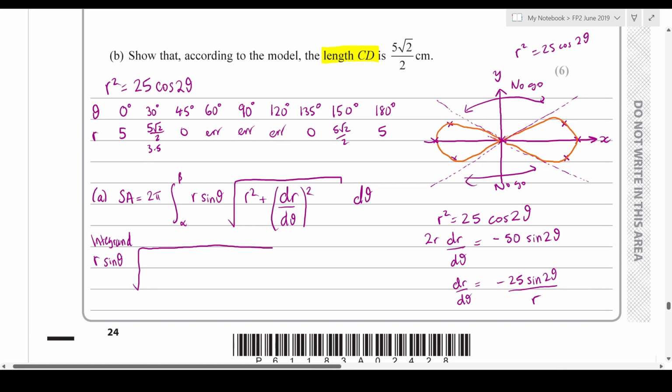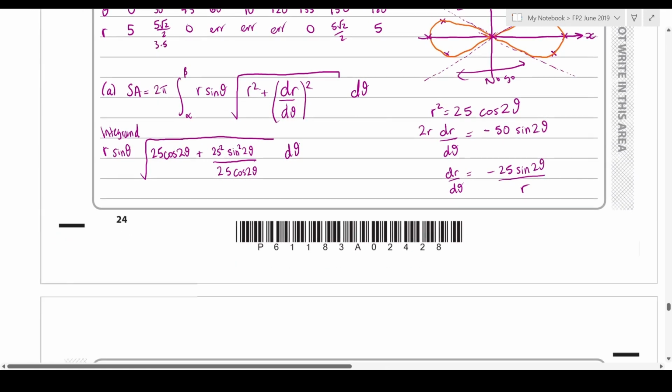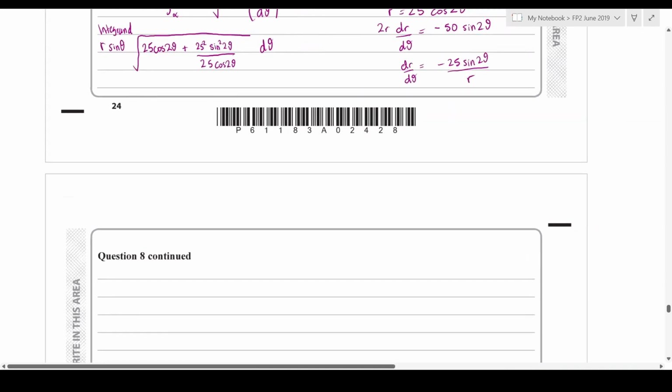So r squared is 25 cos 2 theta, and then the square of that is going to be 25 squared sine squared 2 theta, all divided by r squared, which will be 25 cos 2 theta, not cos 2 theta squared, d theta.